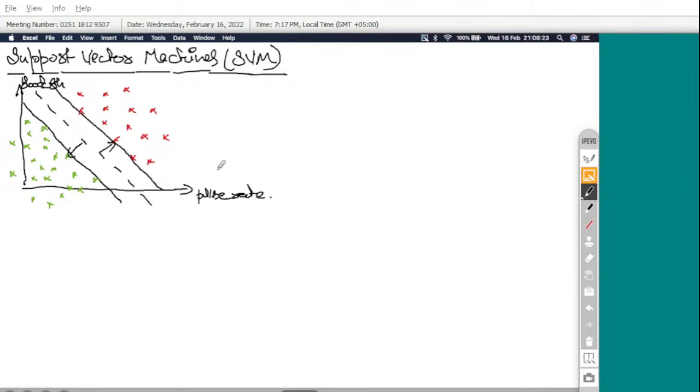Okay. So we know the equation of a line is y equals mx plus c, right? Or it could be y equals m1 x1 plus m2 x2 and so on plus c, right?